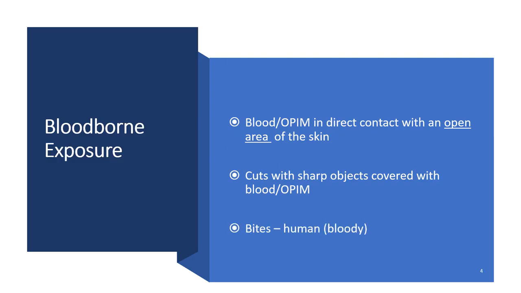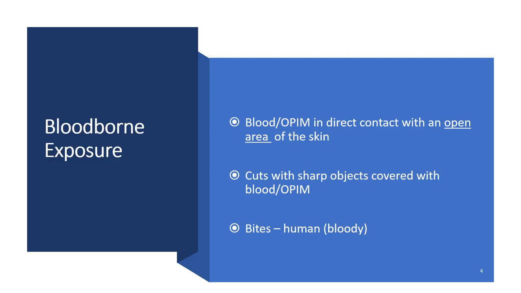And we're going to introduce and clarify one more, and that is human bites. So, if I were to bite you, and my teeth marks are embedded in your skin, but your arm is not bleeding, that is not an exposure.